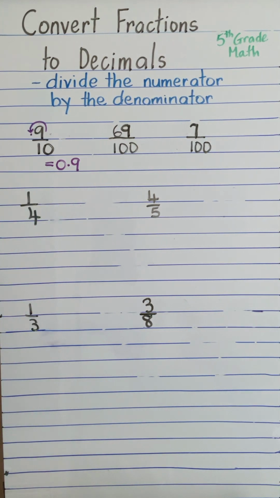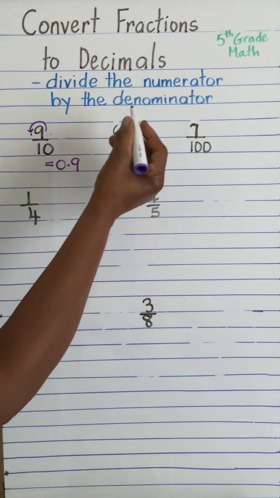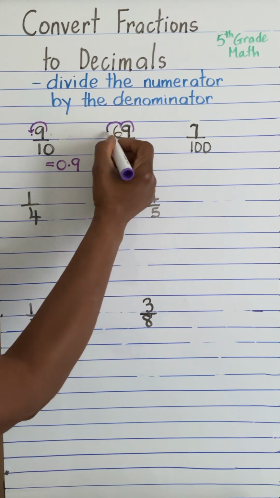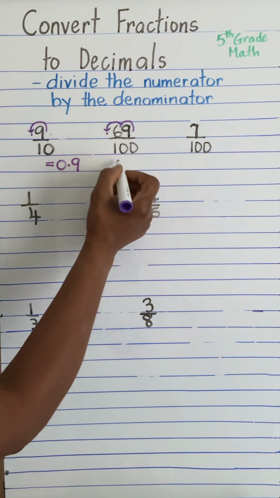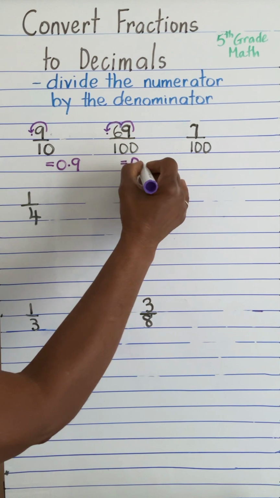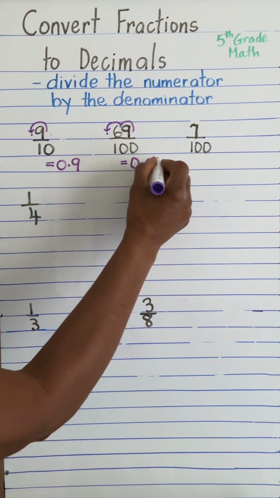Next, 69 divided by 100. We're going to move it two places to the left. So it is 1, 2. The point comes right here, and that is equal to 0.69.